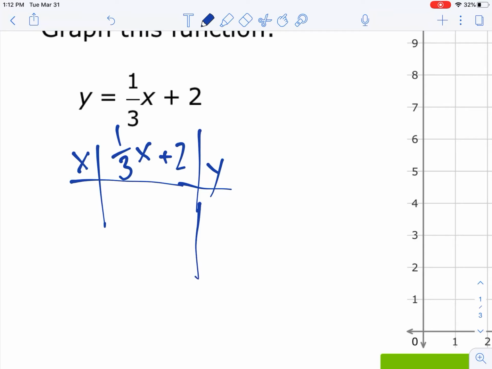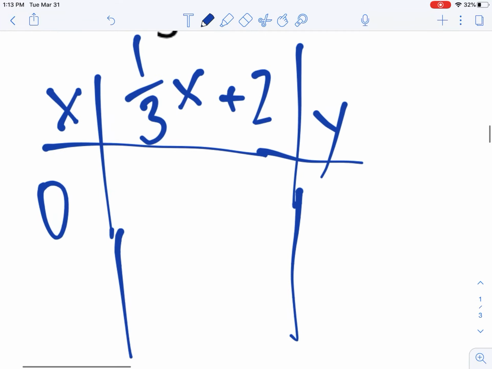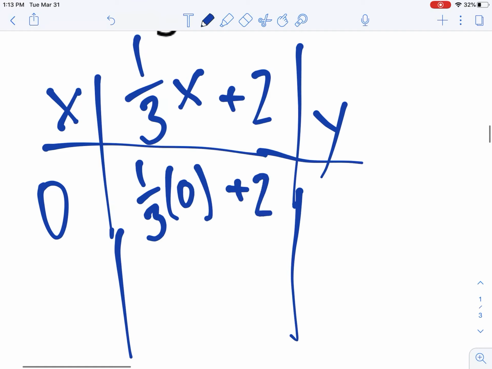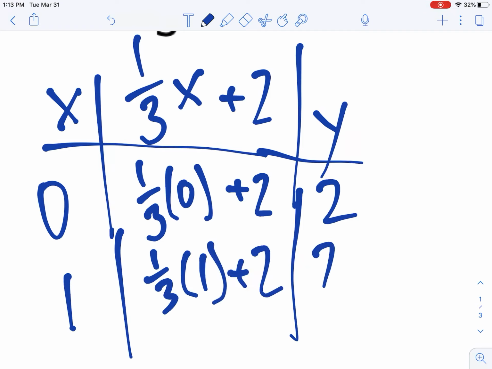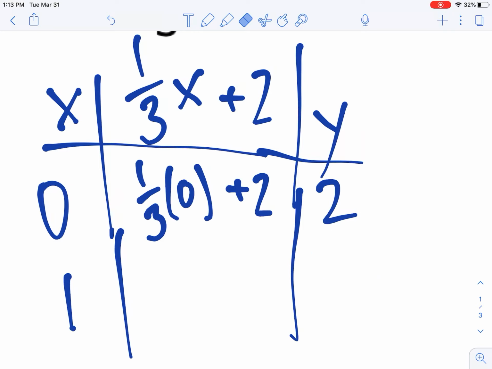Okay. So I'm going to still use 0. Because you'll see when I use 0, 1/3 times 0 is 0, and then I add 2, so I still get a whole number. But if I do 1, I'm going to end up with 1/3 times 1 plus 2, and that's 2 1/3, and IXL doesn't allow you to input that as an answer. So we need a whole number.